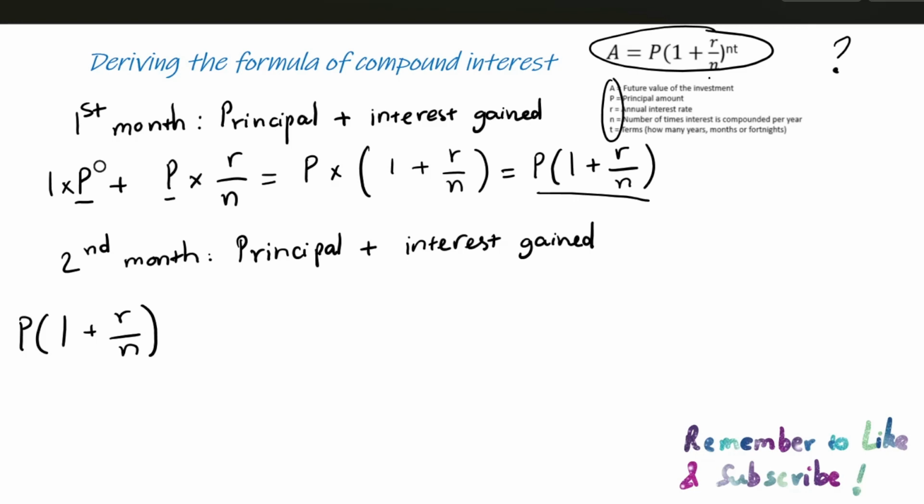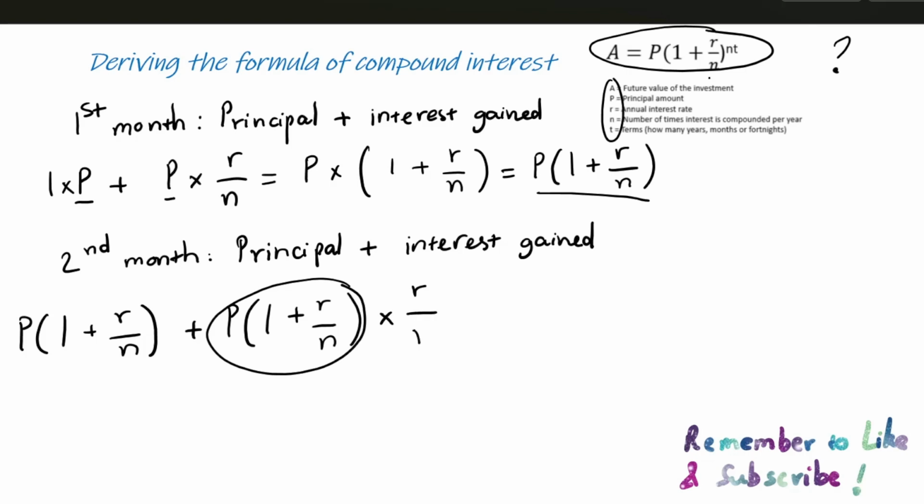And since we have a different principal, our interest would also be different. So instead of just P, this time it would be P times, in bracket, 1 plus R over N. So that whole thing now is our new principal multiplied by R over N. Okay, and again, we can still simplify this. Now, how? Well, again, I'm glad that you've asked so many interesting questions.